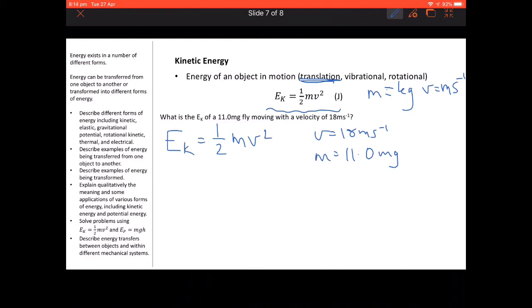We need to have mass in kilos, so 11 milligrams is equal to 11 by 10 to the negative 6 kilograms. A milligram is 10 to the negative 3 grams, but because we're talking about kilograms, milligrams will be 10 to the negative 6 kilos.